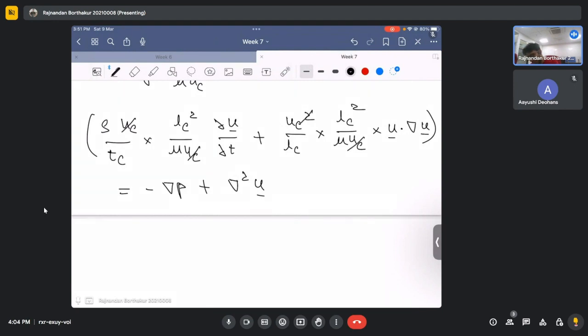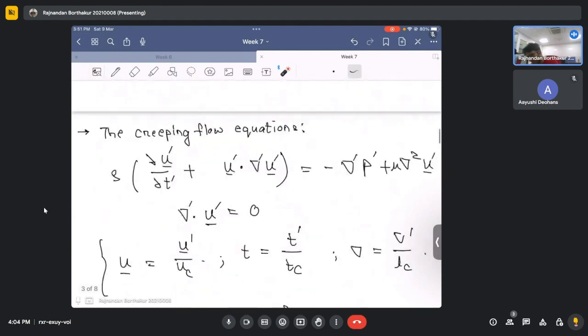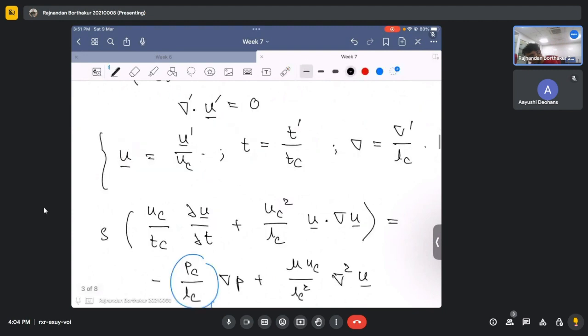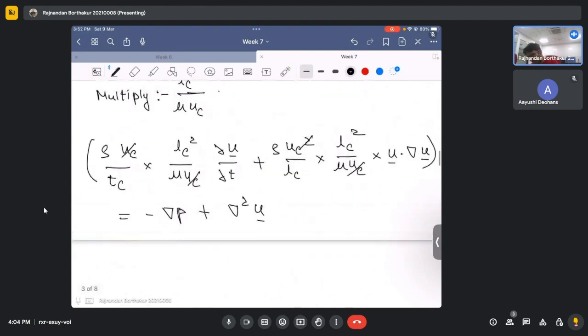I forgot there would be a rho there also, because this rho is multiplied to both these terms. So one UC and one UC go from here, and one LC and one LC go from there.